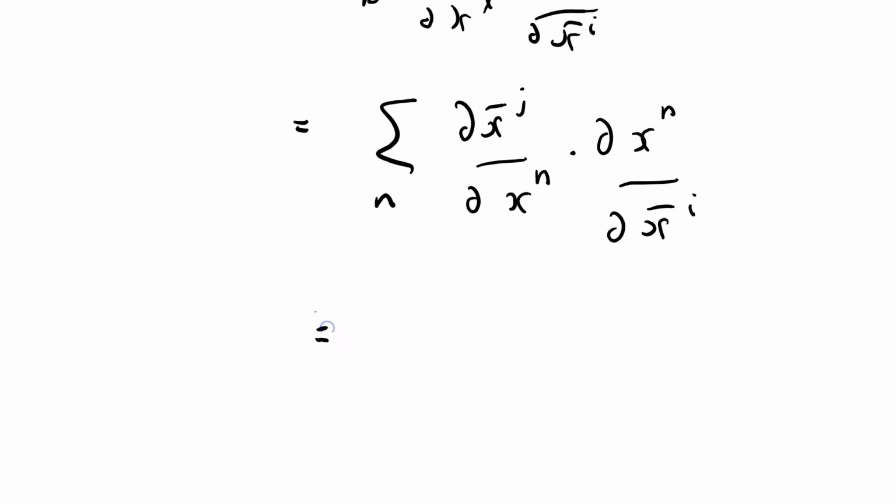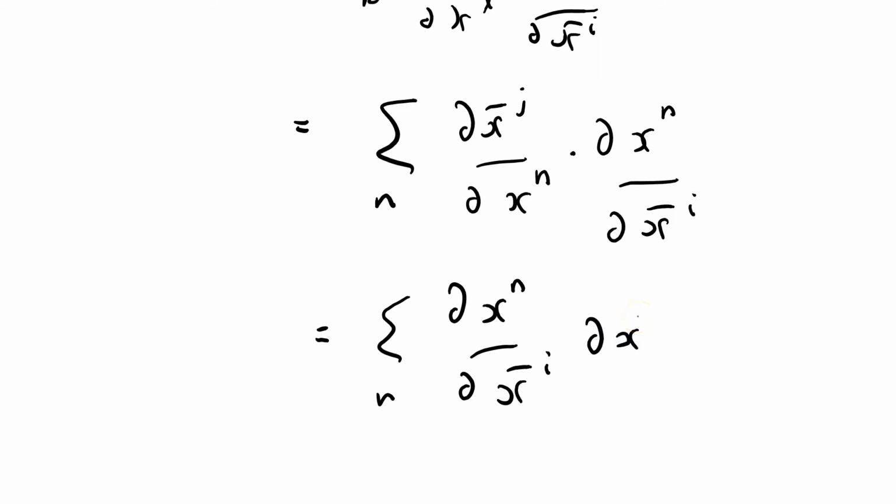It's actually easier to recognise if I write it the other way around. If I put di xn by di x bar i, times di x bar j by di xn, all I'm doing is swapping the order of these over.